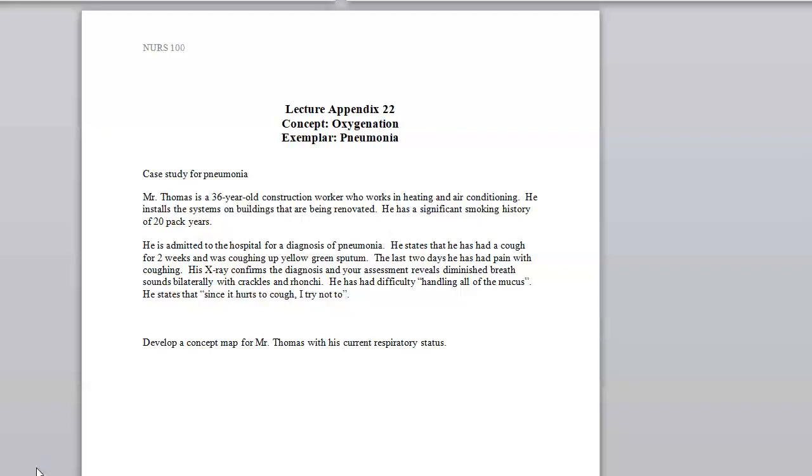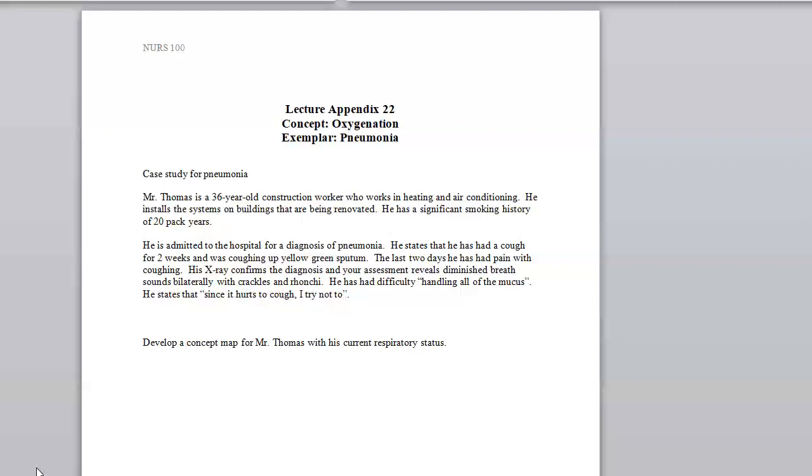So I want you to think a little bit about this case study, but also a concept map, just very basic. We don't have a whole lot of information. Obviously, in that first circle, he's a 36-year-old smoker. He has a history of construction work, heating and air conditioning. And he's had a cough for 2 weeks, and he's been coughing up yellow-green sputum.